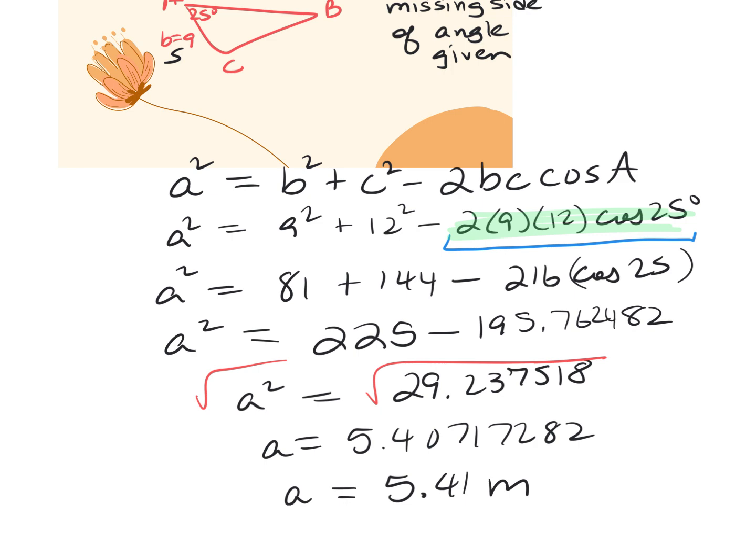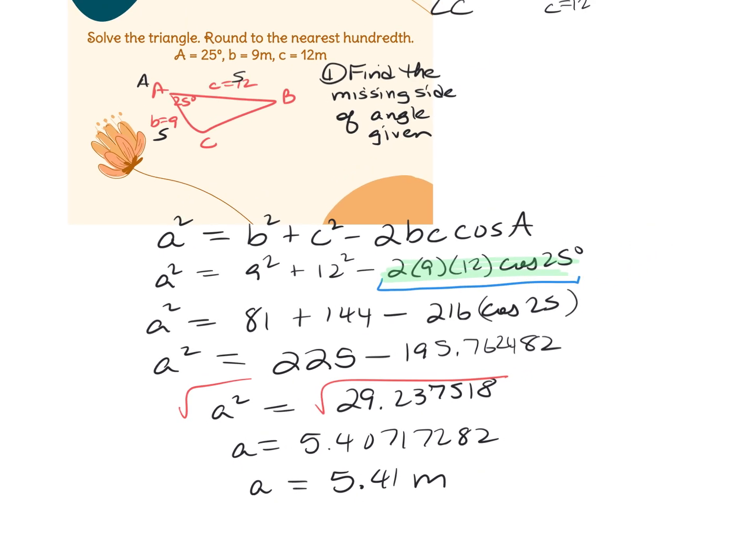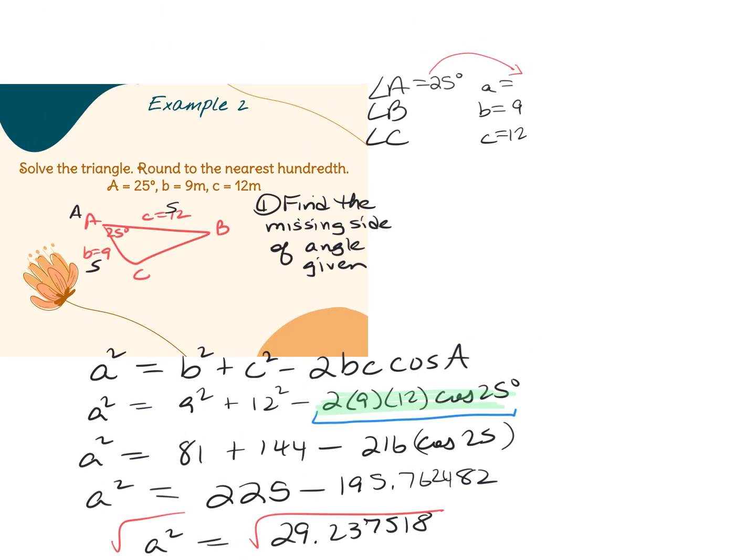Yes. This is step number 1, to find the missing side of the angle that was given. That's only finding one piece. So this is the 5.41 centimeters. Step number 2, this is where I want to try to stay consistent. Even with the side scenario, technically step 2 doesn't matter, but this one it matters.